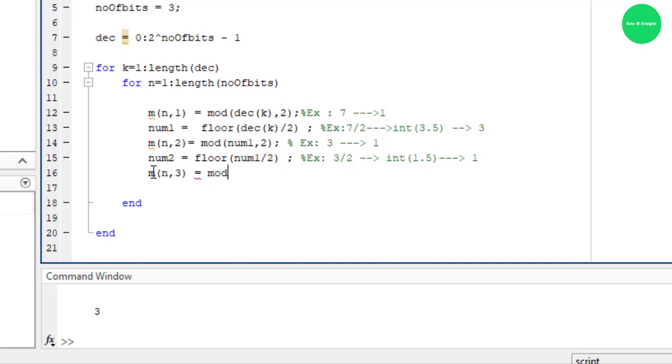We have to get the mod value again, num2 by 2.